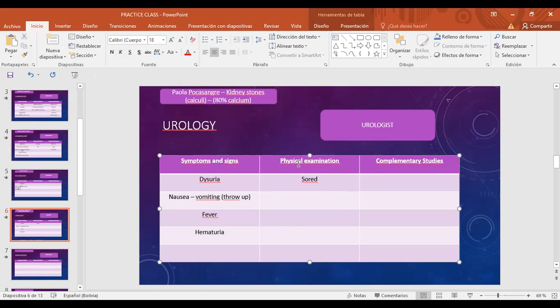In many occasions people who have kidney stones have fever, or increased heart rate and respiratory rate. Yes, that is related to pain, right?